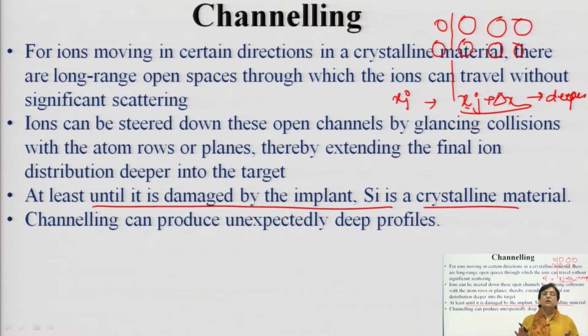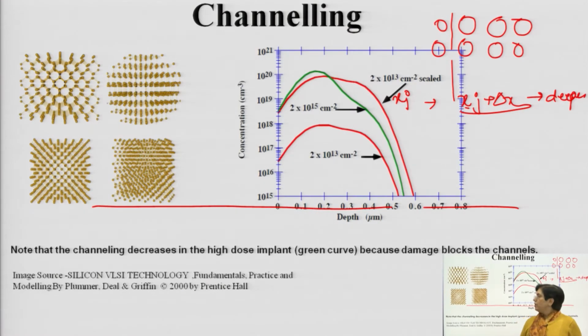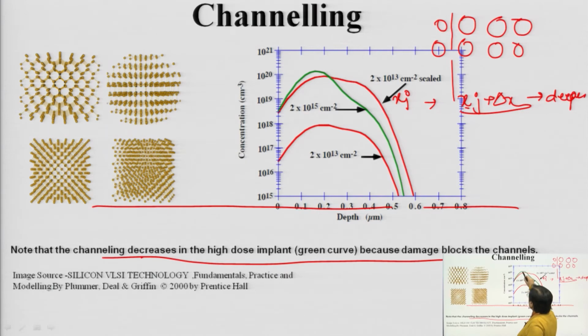So, when there are channels available, much higher implantation depth can be attained, and this is basically channeling. Channeling decreases in high dose implants, this is the green curve, because the damage caused by the channeling can block further penetration of the implant.